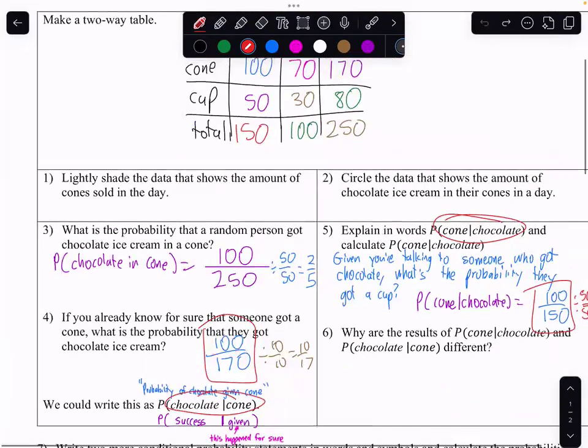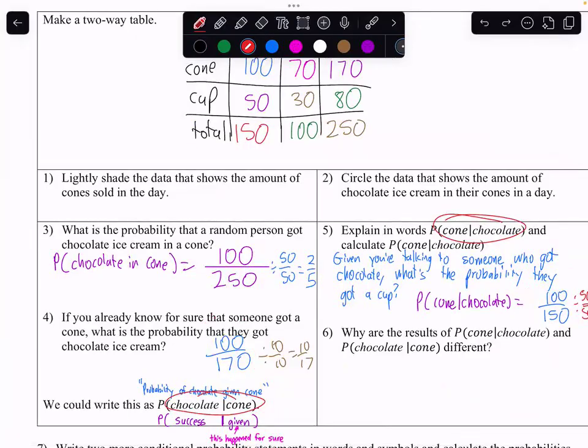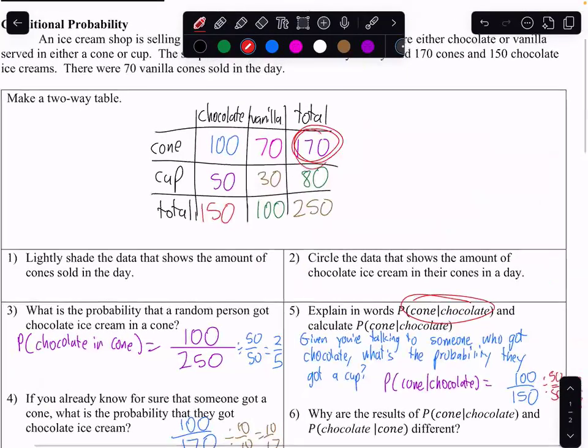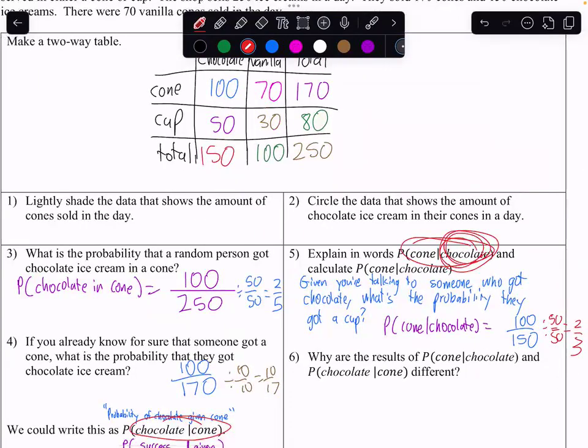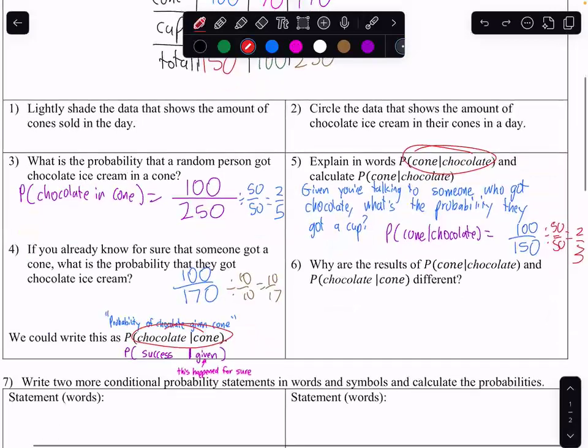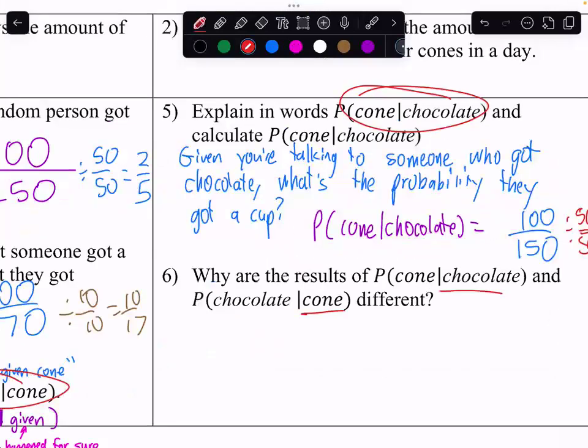But what's different is the denominator. Again, the denominator comes from what is given. When you were given for sure they got a cone, you could only talk to the 170 people who got a cone. So 170 was your denominator. When the given was chocolate, you were only allowed to talk to the 150 people who got chocolate. So the given is different, and that's what controls the denominator.